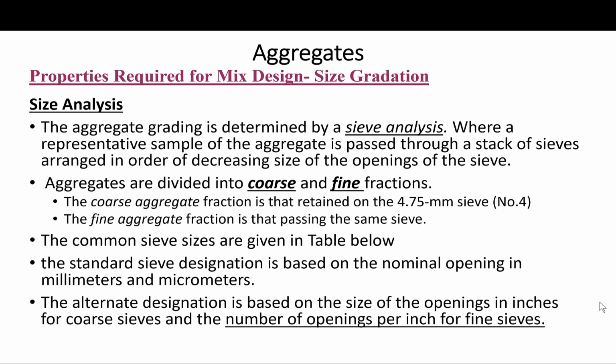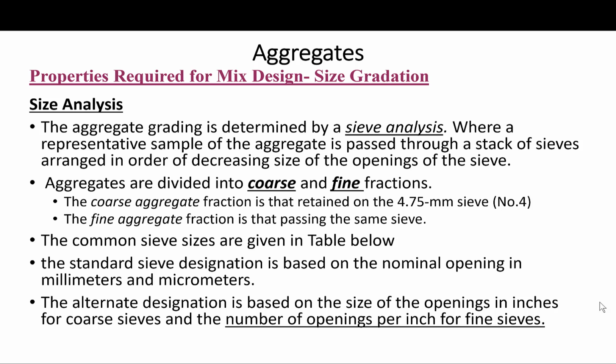So the grading of an aggregate supply is determined by a sieve analysis. A representative sample of the aggregate is passed through a stack of sieves, arranged in order of decreasing size of the opening of the sieves. It is convenient to divide aggregates into coarse and fine fractions.